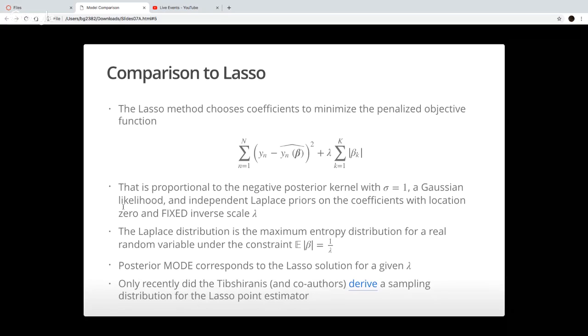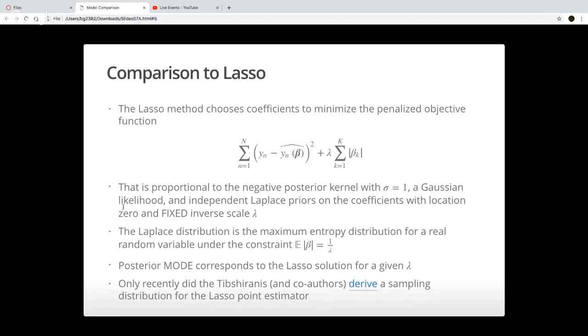This is proportional to the negative of a posterior log kernel with a fixed standard deviation of 1, a Gaussian likelihood, and what's known as Laplace priors on the coefficients, independent with a location parameter of 0, and some inverse scale parameter that is fixed, denoted as lambda.